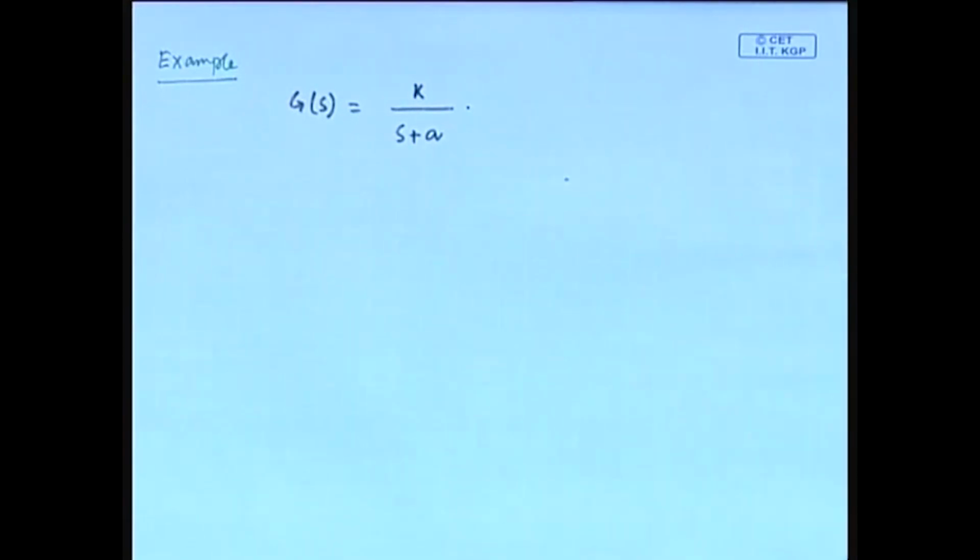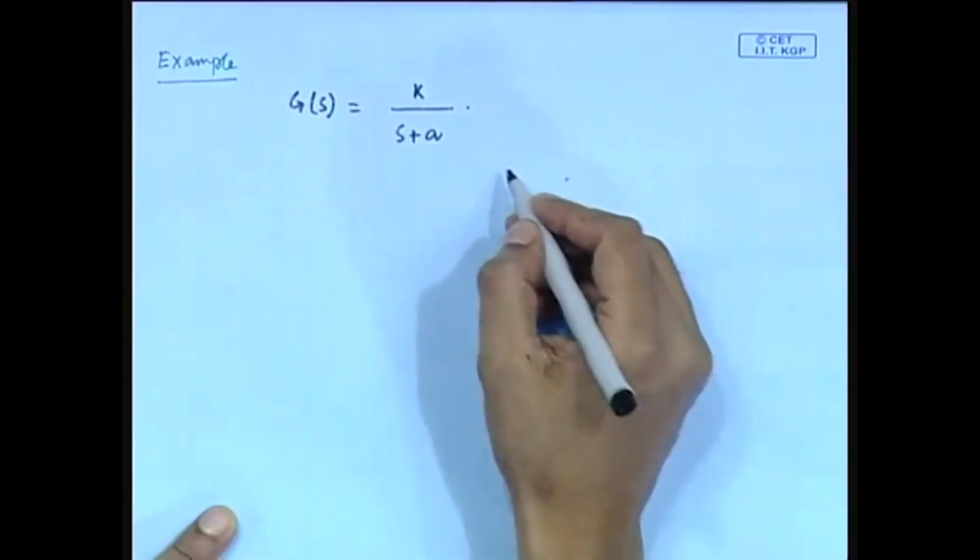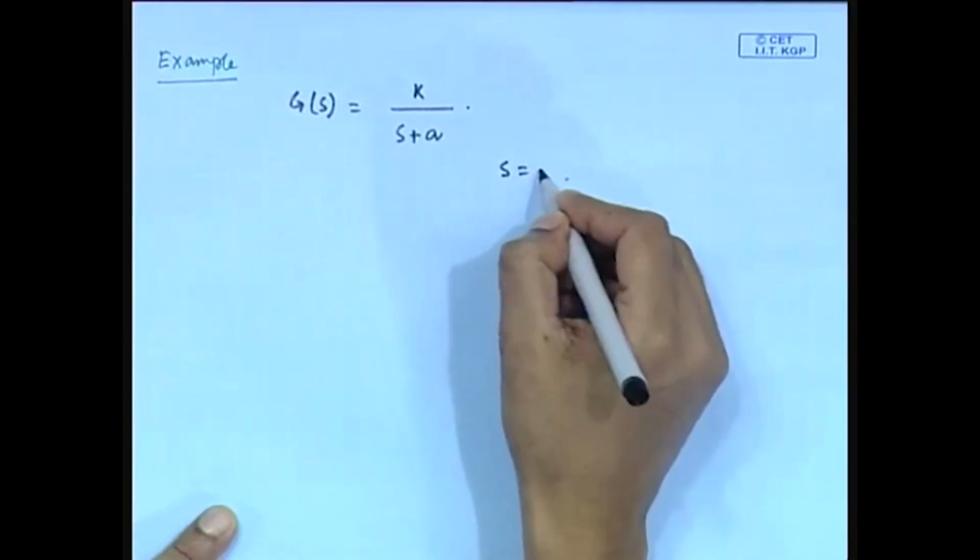So, is this a stable system or unstable system? Stable system. Why is this a stable system? Yes, because s is equal to minus a. So, here one pole exists at s equals minus a.